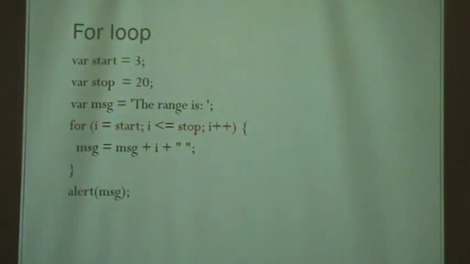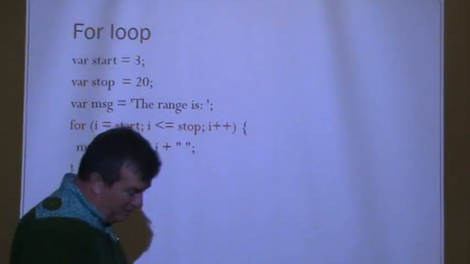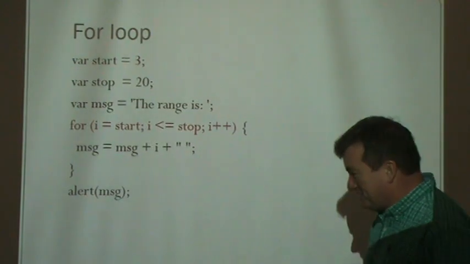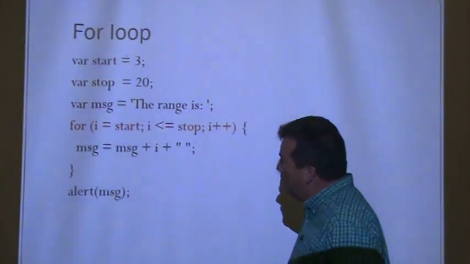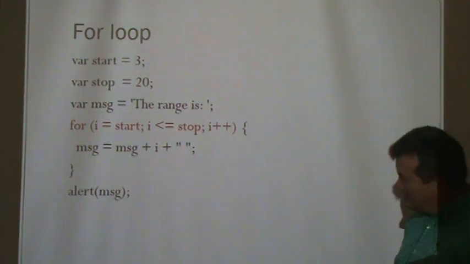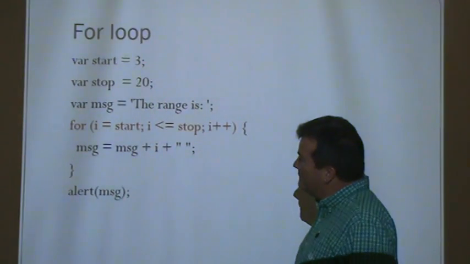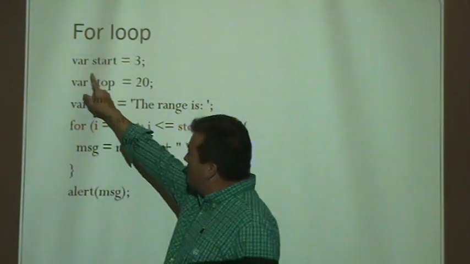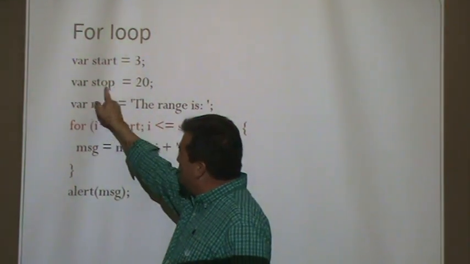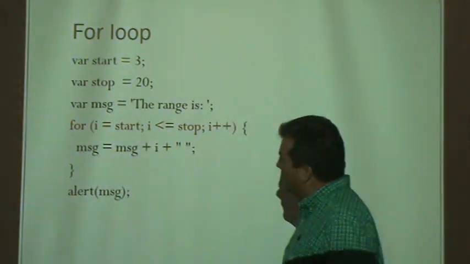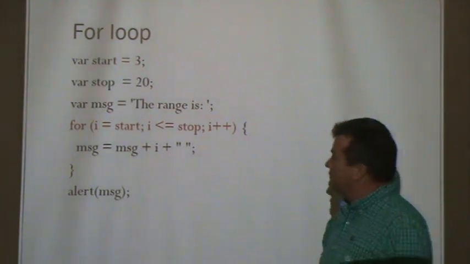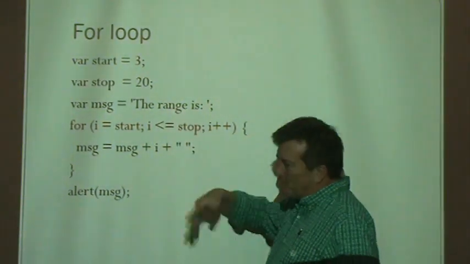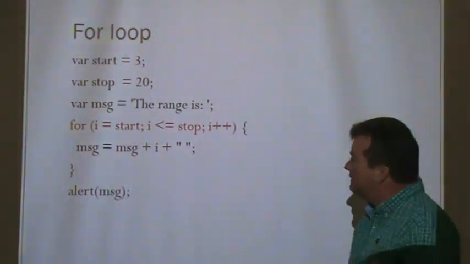Okay. So now, if we knew we were going to go through a series of variables like x, y, and z, if we could do them using an index, it could make things simpler for us. So for example, suppose we had a variable start equals 3 and stop equals 20. Okay? And we're going to print out a message saying the range is, so we're printing out a range of numbers.